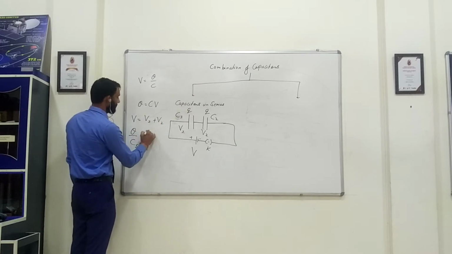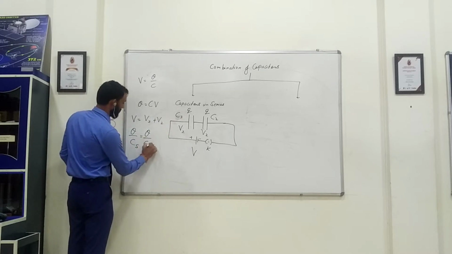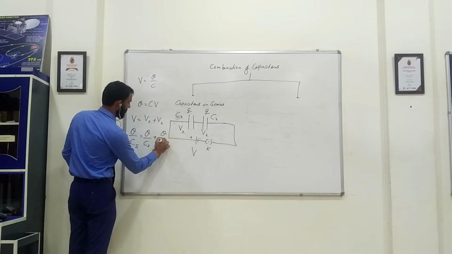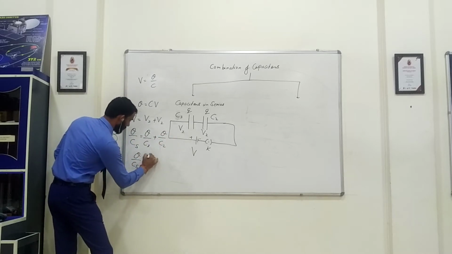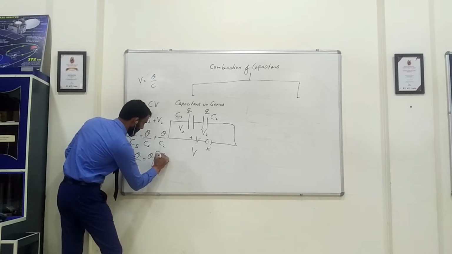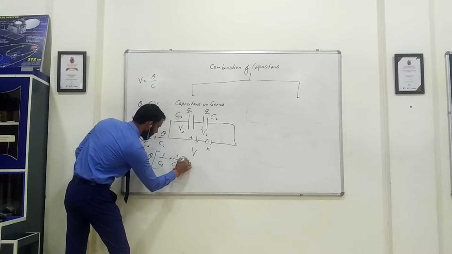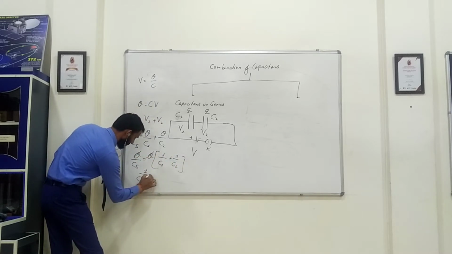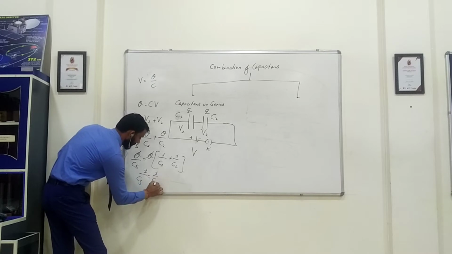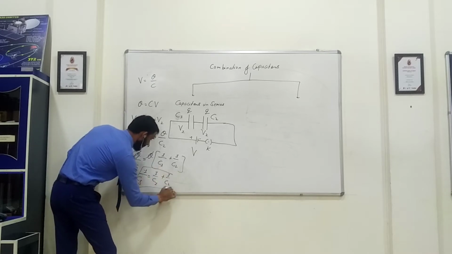Now this will be Q upon Cs is equal to Q upon C1 plus Q upon C2. Q common, and then we have 1 upon C1 plus 1 upon C2. Q goes off, so 1 upon Cs is equal to 1 upon C1 plus 1 upon C2.